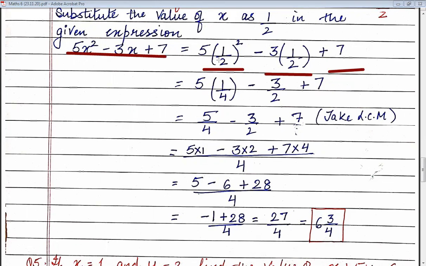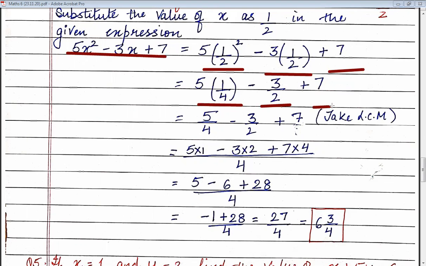Now in the first step, we have substituted the value of x as half. So now after evaluating, it will become 5 times 1 upon 4, because 1 upon 2 square will become 1 into 1, 1, 2 into 2, 4. Now minus, now just multiply 3 into 1, 3, and 2 will remain as it is.